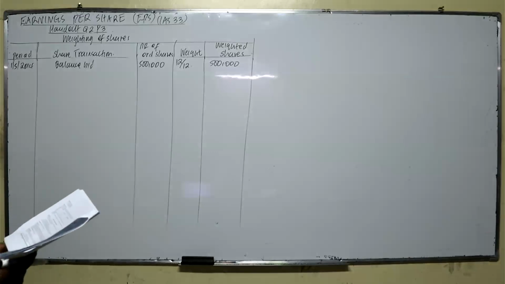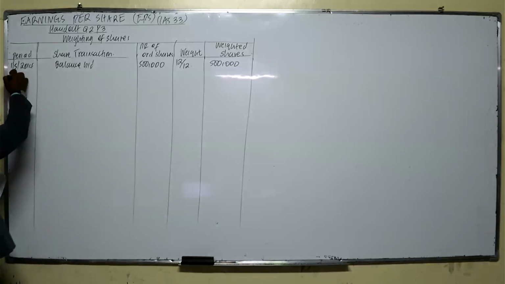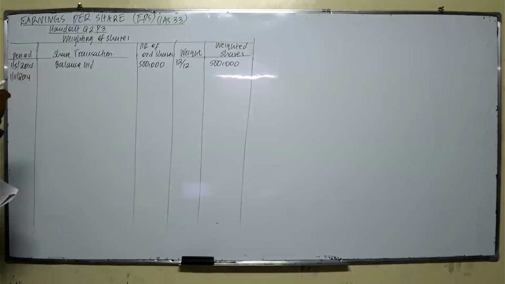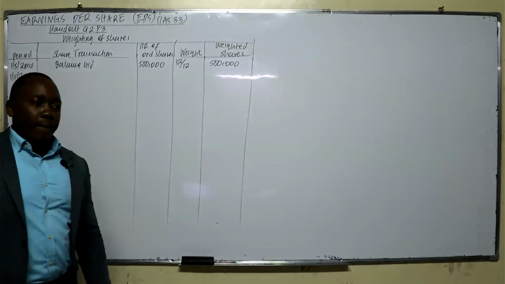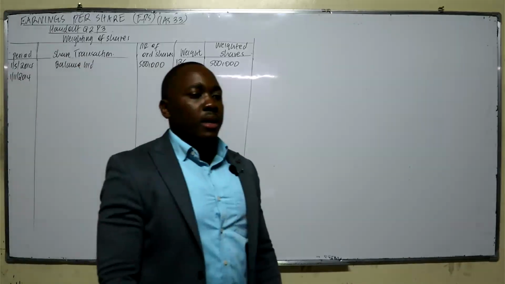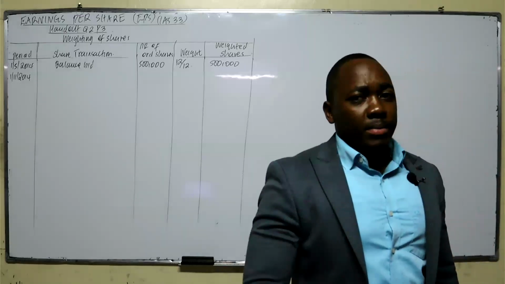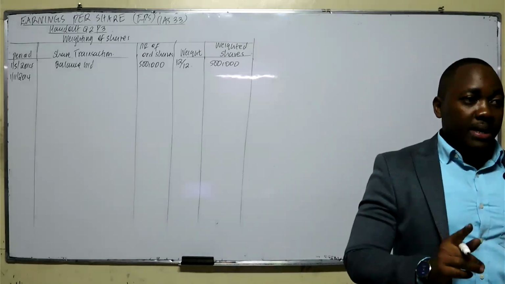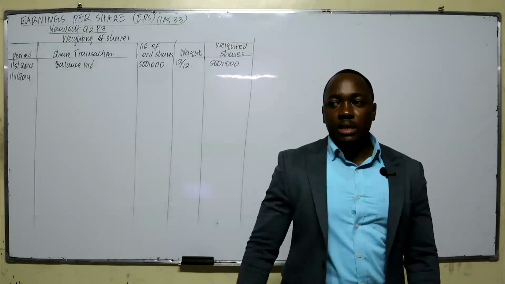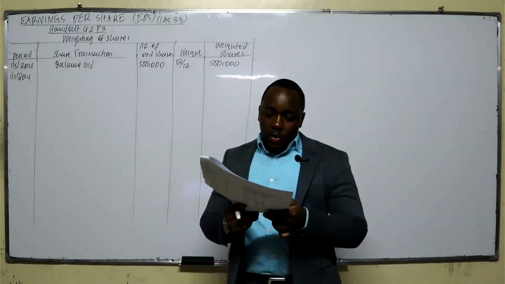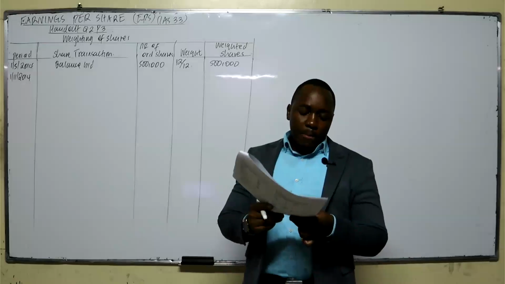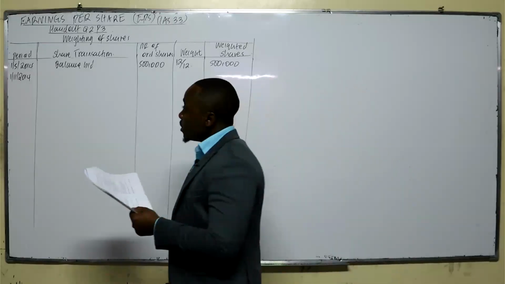Then you do that. On 1st of November 2014, how many months to the end of the year? Engage your fingers. Remember the year ends on 30th of April, right? How many months to the end of the year? 6, correct. So on 1st of November 2014, the company concluded a rights issue.